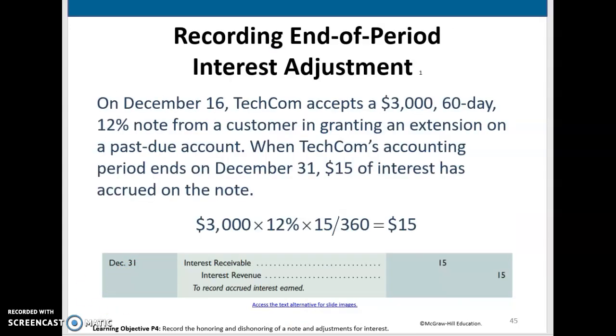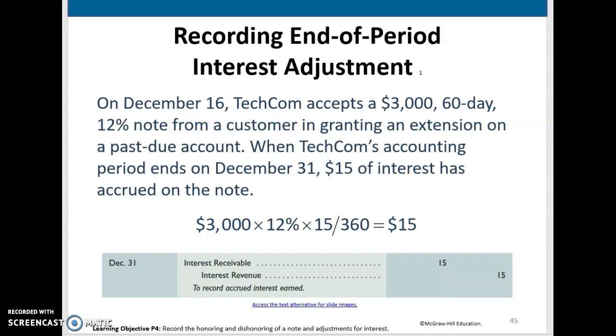If our notes receivable falls between accounting year ends, we will do an adjustment for the interest amount. So in this case, we have December 16th, Techcom accepting a $3,000 60-day 12% note. So there aren't 60 days from December 16th to the end of our accounting period on December 31st.